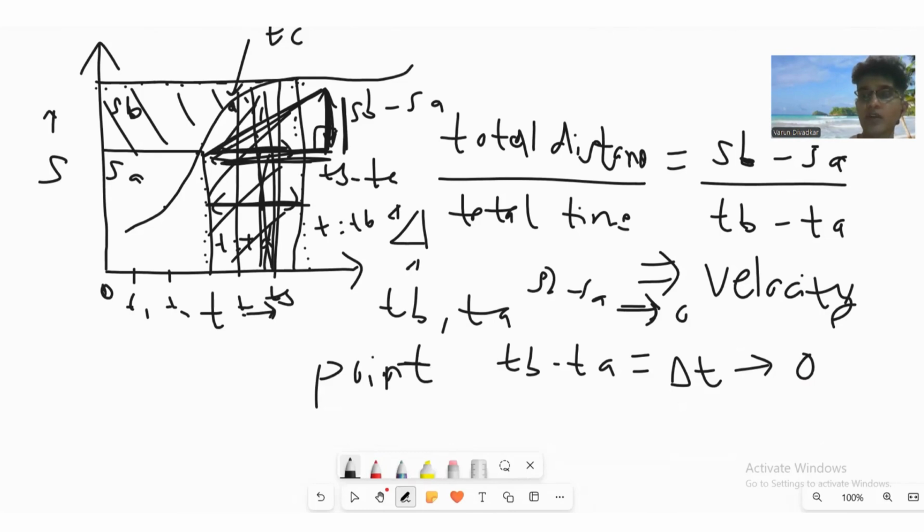It's not exactly zero, but it tends to zero. It's called a limit in mathematics, the limit of something tending to zero.